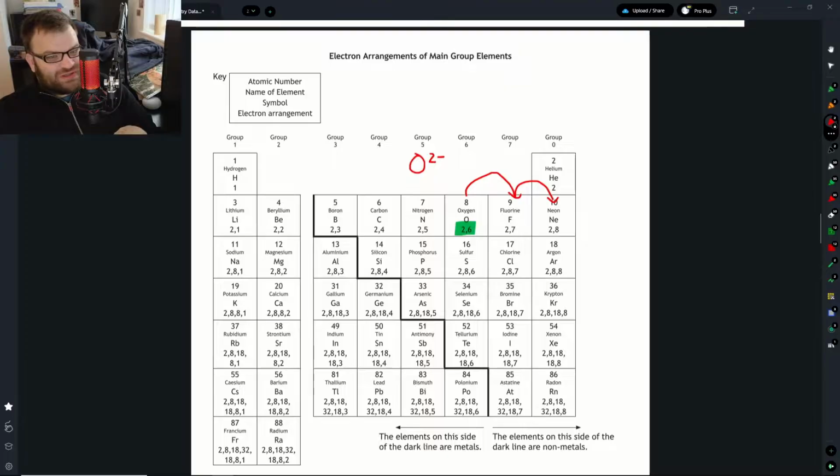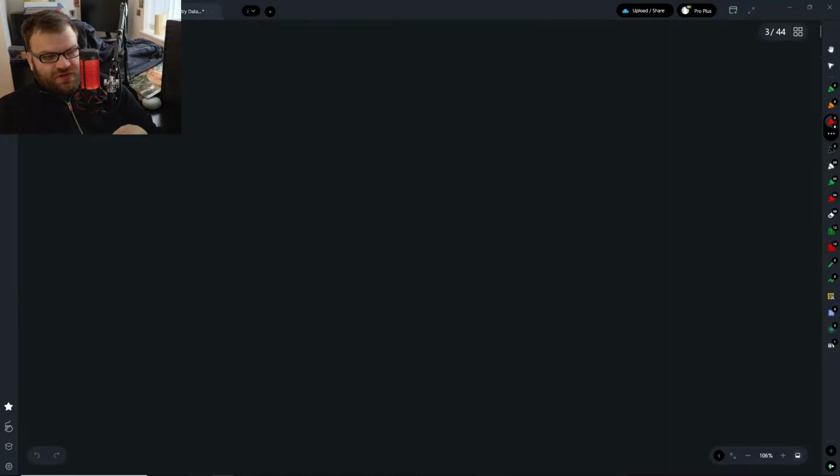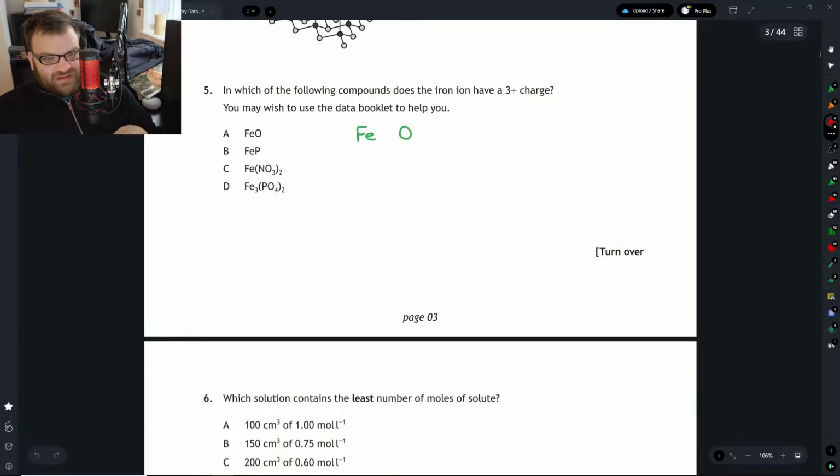It's going to have a 2 negative charge. So when we go back out to here, this is 2 negative, and there is no charge overall. Your iron must have a 2 positive charge. Now those balance out, which is why we just write it as FeO. That, therefore, is not going to be our correct answer.